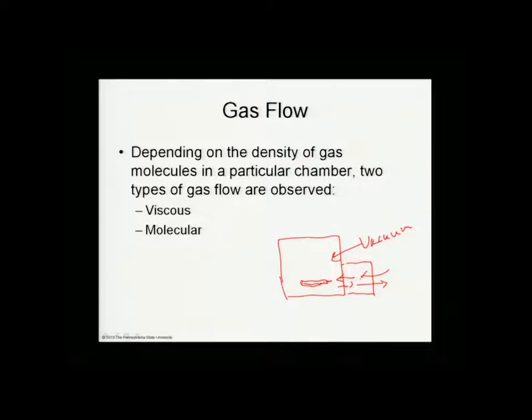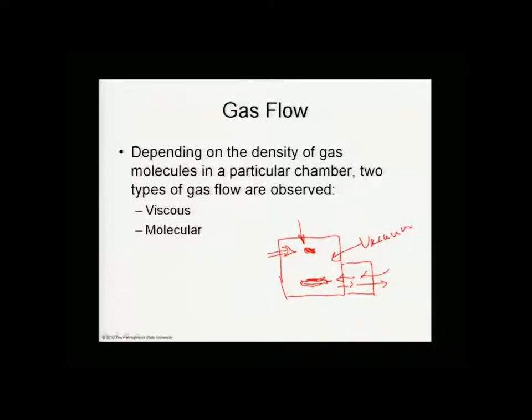But we often have to put gases in, because maybe we're going to try to create a plasma to use for etching, or a plasma to use for deposition. Maybe we're not going to use a plasma at all. Maybe we want the gas to come in and we're going to decompose it using a laser beam. Or maybe we're going to decompose the gas just using temperature, and have the gas react to deposit a film.